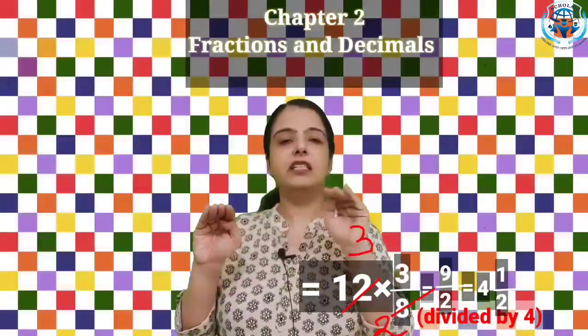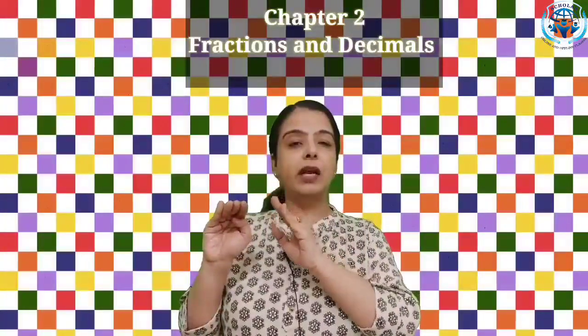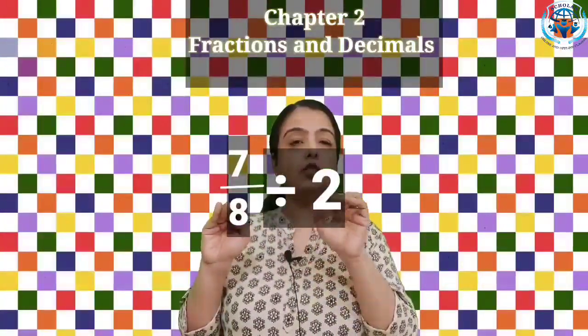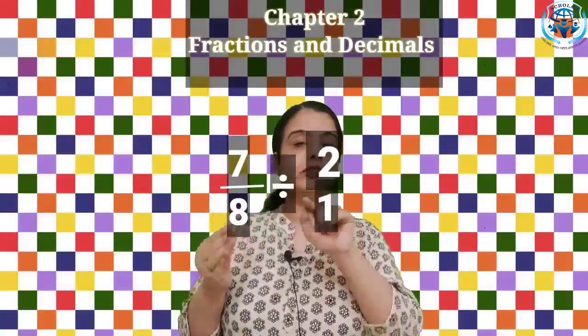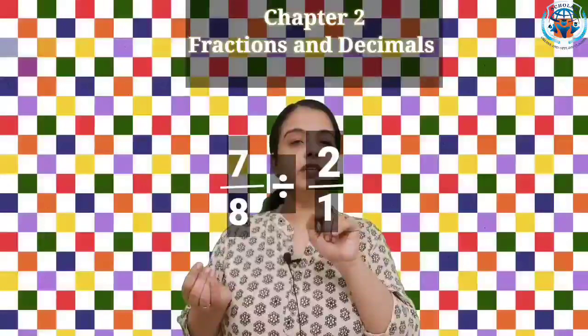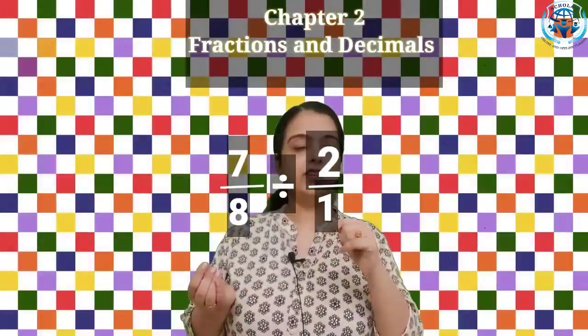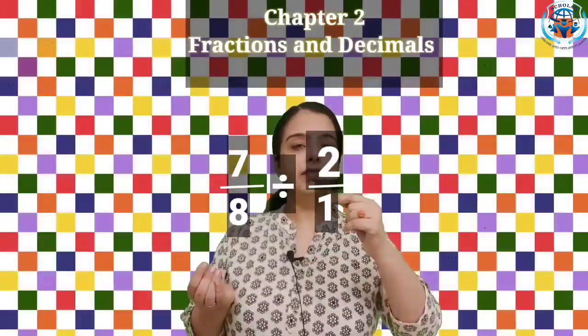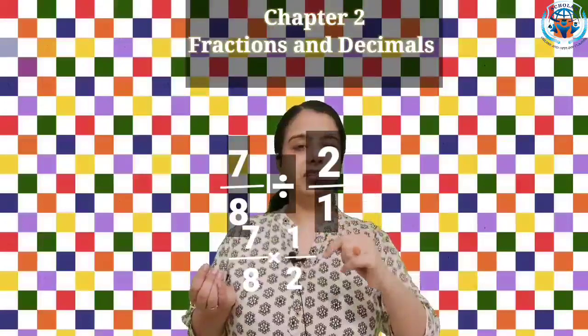When a fraction is divided by a whole number, like 7 by 8 is divided by 2, that means 2 by 1. If nothing is written in the denominator, we will write 1. So this whole number is converted into a fraction. Now we will invert the fraction, numerator down and denominator up, interchanging the position.